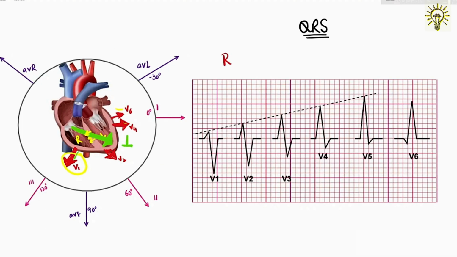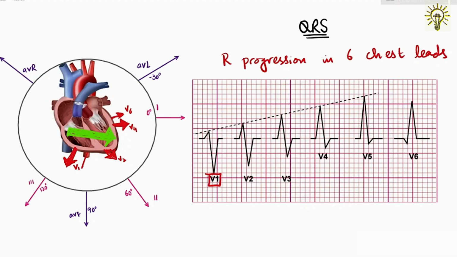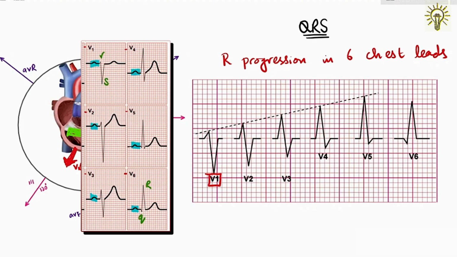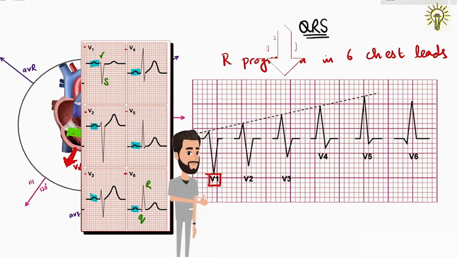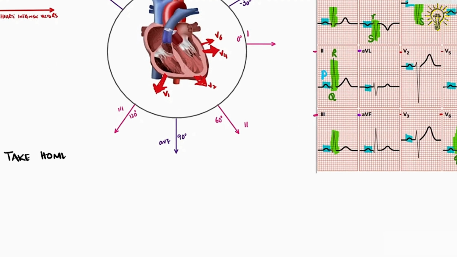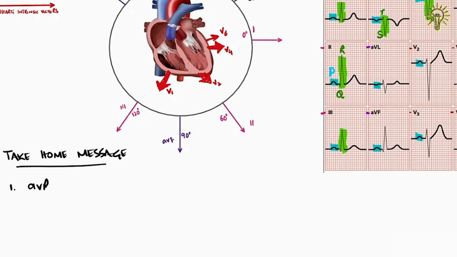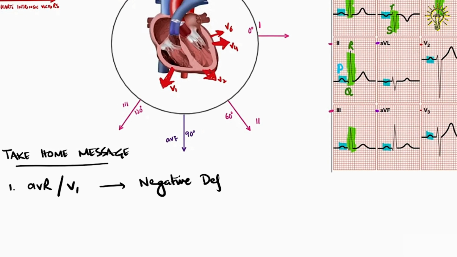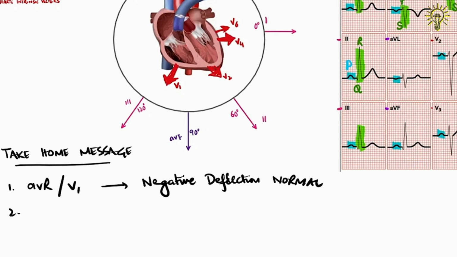So this is how the R wave progresses through the chest leads in a normal situation. It starts as a negative deflection on V1 and becomes biphasic until it becomes a fully positive deflection on V6. So the crux is that a negative QRS deflection is normal in right-sided leads, namely AVR and V1.